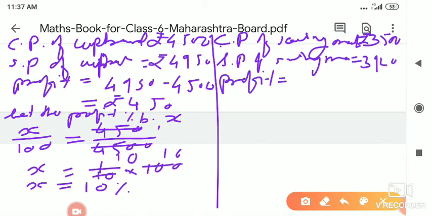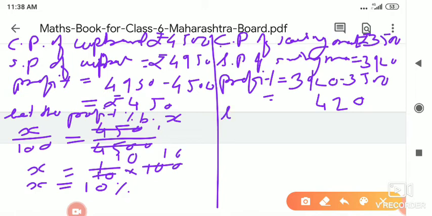Profit is equal to SP minus CP, 3,920 minus 3,500. So let's solve the example. 9 minus 5 is equal to 4, so 420 rupees is the profit.